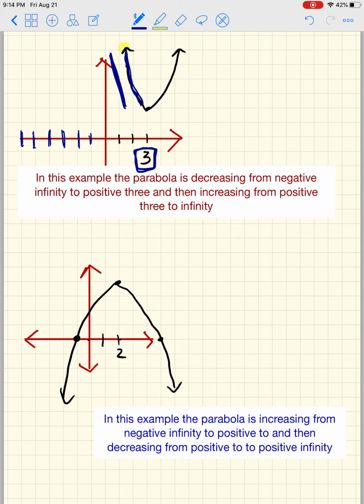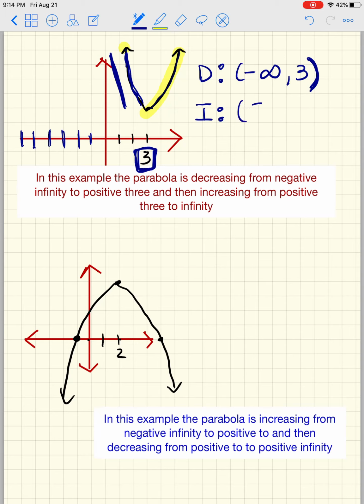But we don't actually close the interval at 3. So we say it is decreasing on negative infinity to positive 3, and we make sure that it's an open parenthesis, okay? And then it's going to be increasing from 3 all the way to positive infinity.